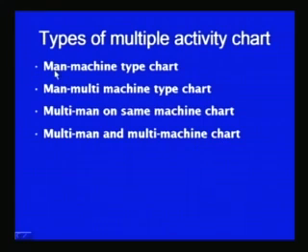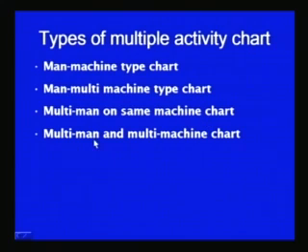Here one man is operating a machine and the activities of the two are recorded on a common time scale. In the second case, one man is operating a number of machines and the activities of the man and machines are recorded on a common time scale, and when different men are looking after the same machine, the interrelationship between the different workers during the job on the same machine is recorded.